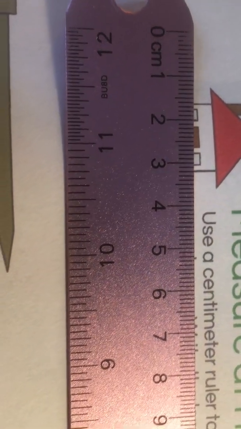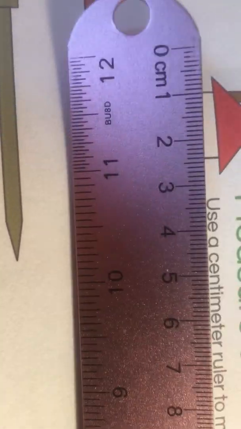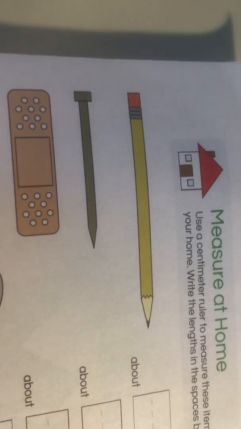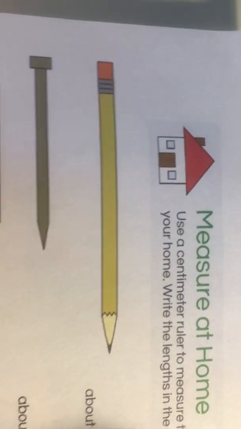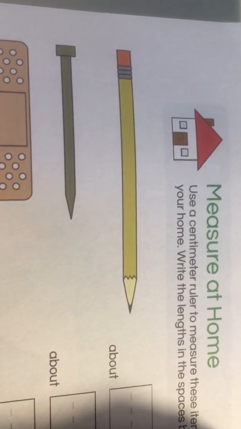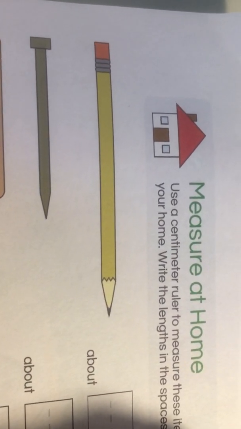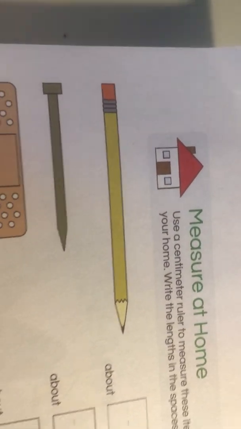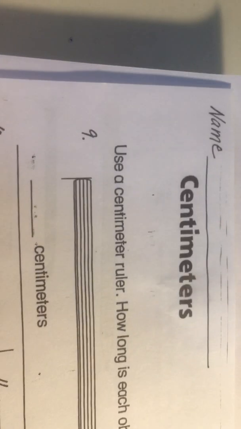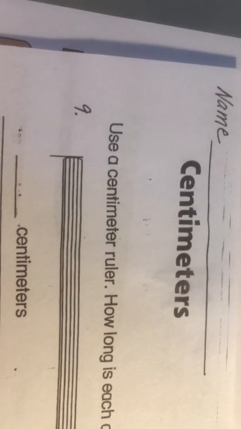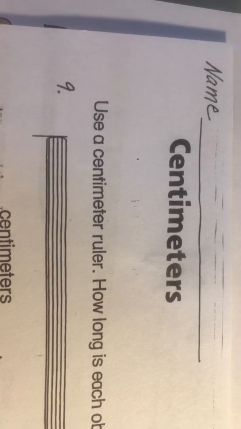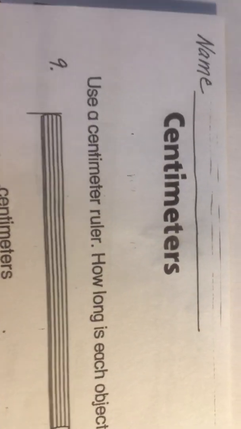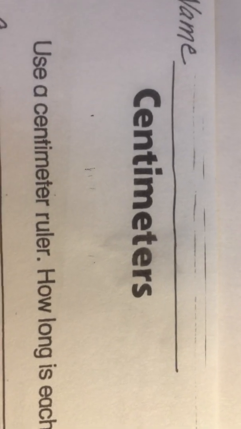All right. So today, to measure centimeters, you're going to need this paper, which hopefully you have printed off from the lesson plan. That's going to be our practice sheet, Measure at Home. You're also going to need this paper, which is the one I'd like you to work on after you've practiced and gotten a good feel for how to measure with centimeters.